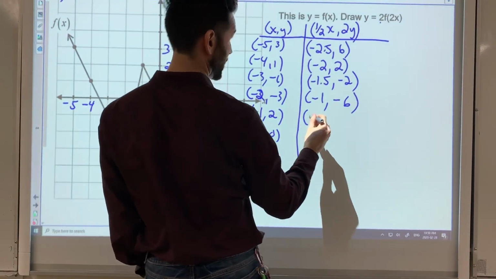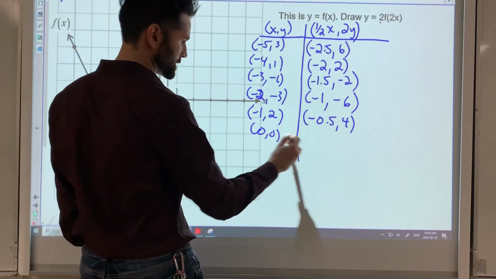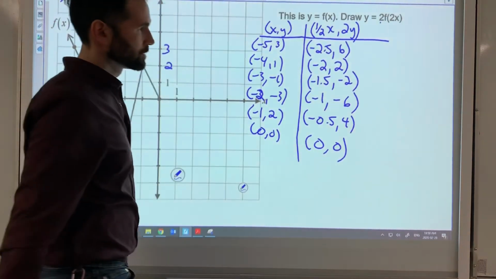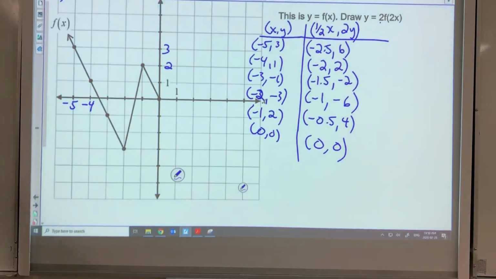And then I'm going to get -0.5, 4, and then 0, 0. Nothing will change 0, 0 if we're multiplying. It could change if we had a vertical or horizontal shift.